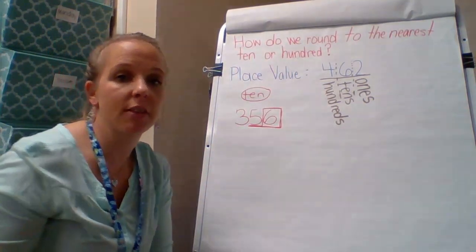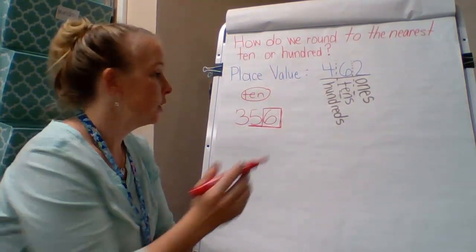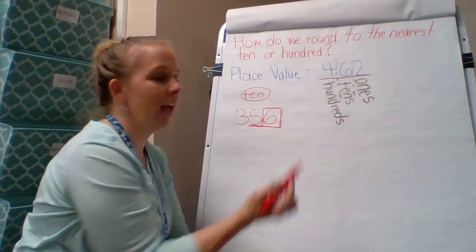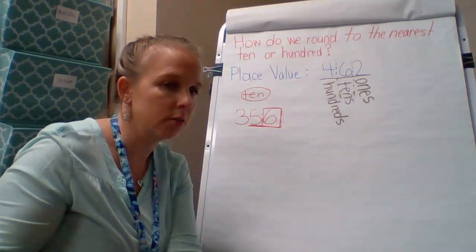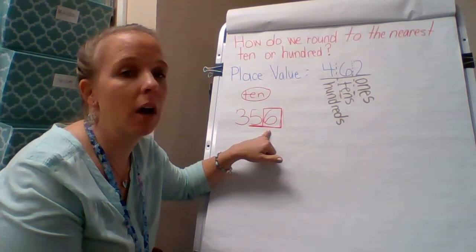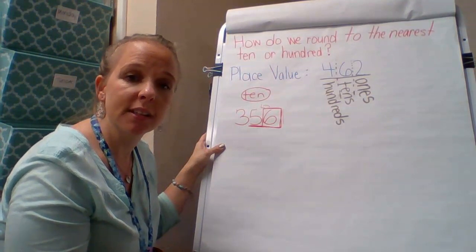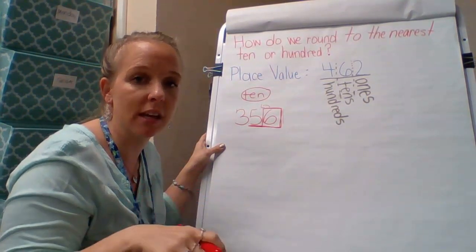I want you to pretend that you're walking over to your neighbor, asking your neighbor for advice. So you're number 5. You're walking over to your neighbor and you're saying, hey, number 6, what should I do? I don't know what I should do. And the number 6 says, well, I am 5 or higher, so you are going to bump up. Remember when we did this? 5 or higher bumps up. 4 or lower stays the same.